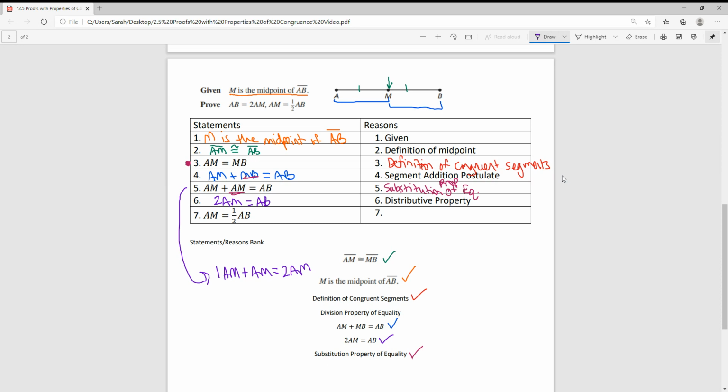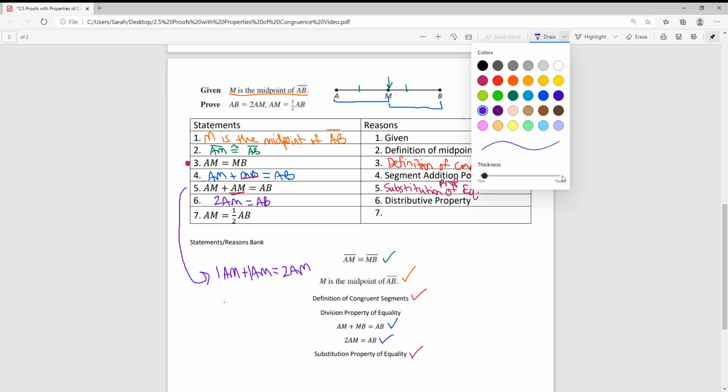Or you can think 1AM plus 1AM equals 2AM. If you undistribute those ones, or that 2, depending which side of the equal sign you're looking at, you can think of it as being kind of a backwards distributive property. Very weird step there. But it lets us get to our last point, which is what we are trying to prove, which is what we've been trying to do all along, so that's good.